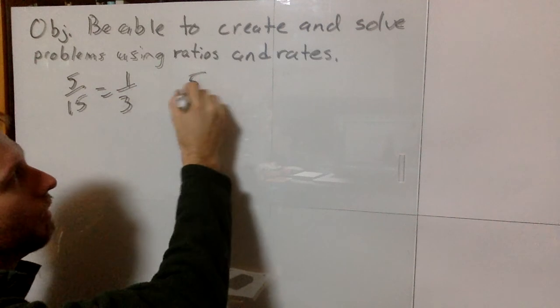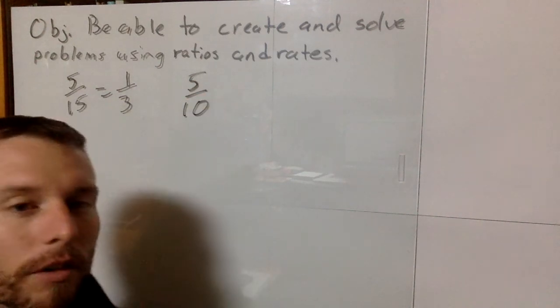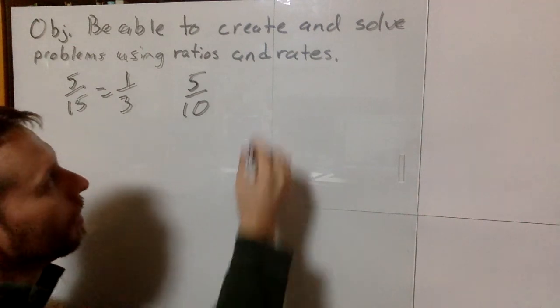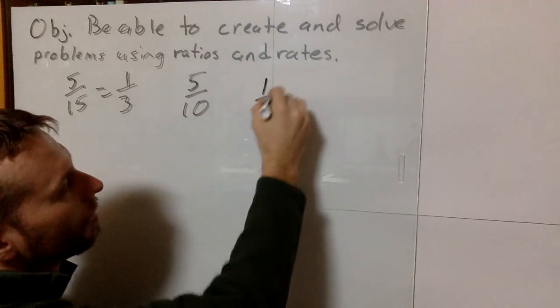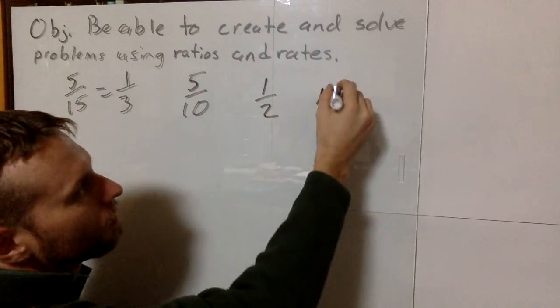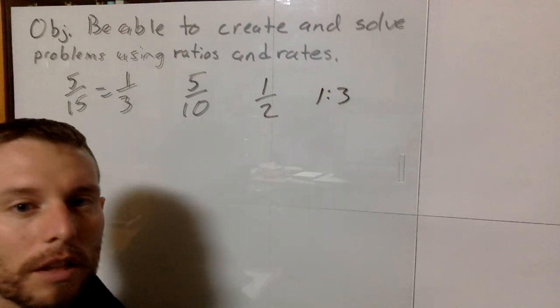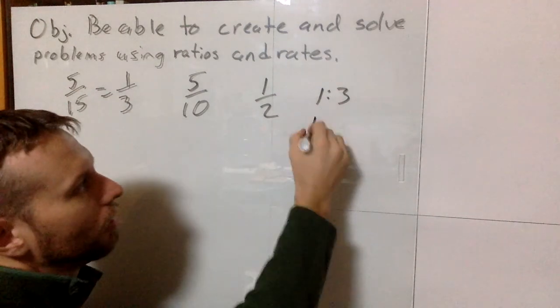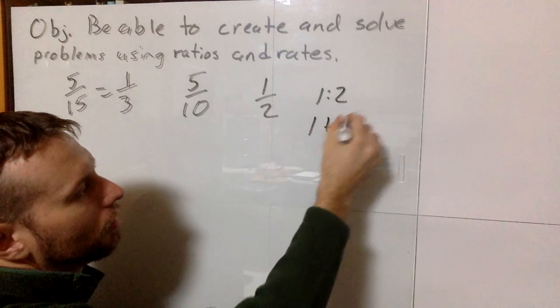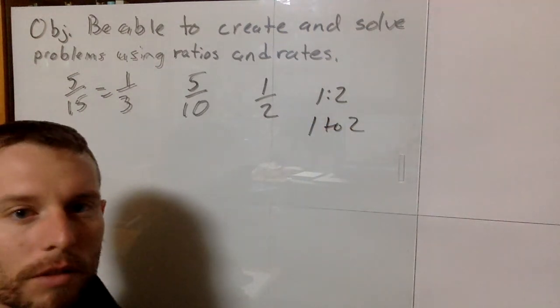So the ratio of One Directioners to non One Directioners is 5 to 10, which simplifies to 1 to 2. We also sometimes write ratios like this, 1 to 2 or 1:2. That's another way to write ratios as well.